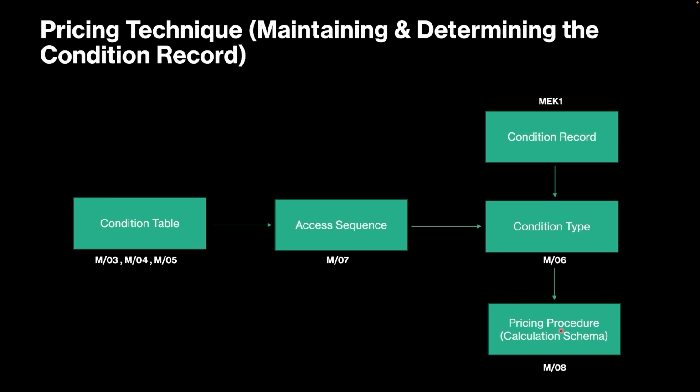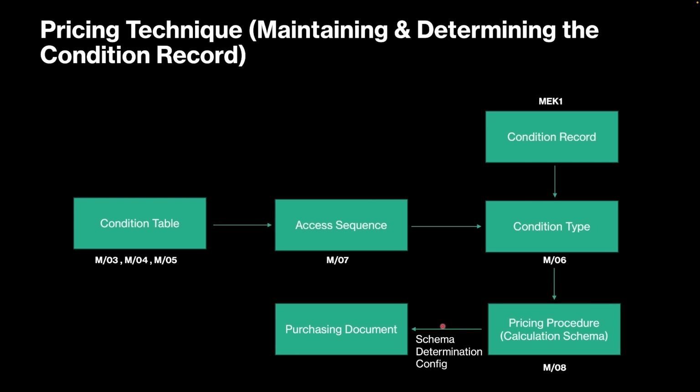And this pricing procedure will be determined in your purchasing document through a schema determination configuration. This schema determination configuration contains elements derived from your vendor master and your purchase organization. So based on the vendor and the purchase organization that you enter in the purchasing document, the system will determine this pricing procedure, which will contain a list of all the condition types against which you can maintain and retrieve the condition record through this particular setup.